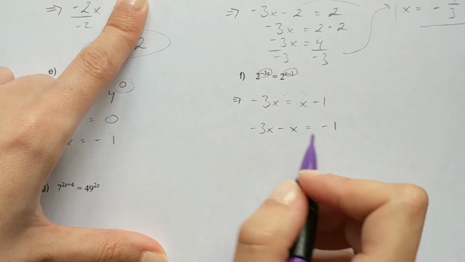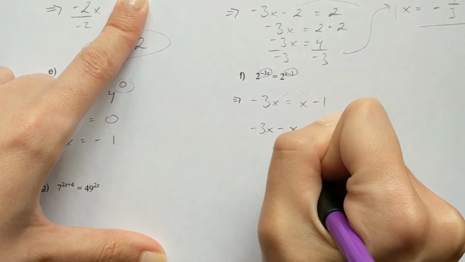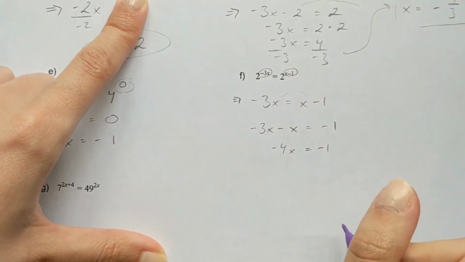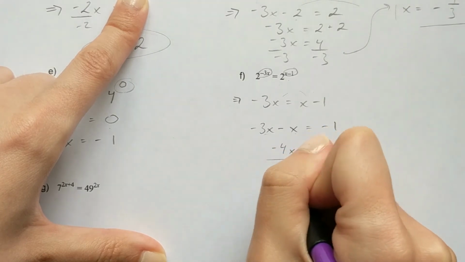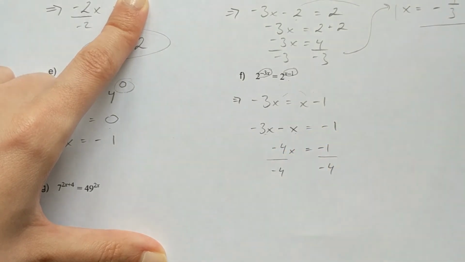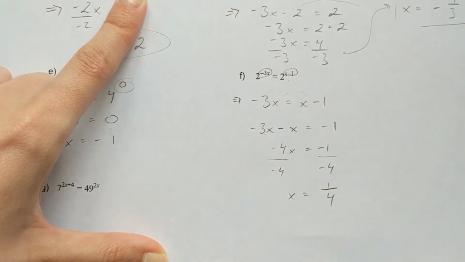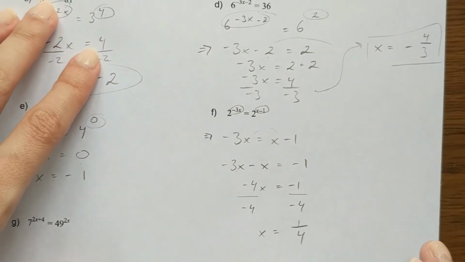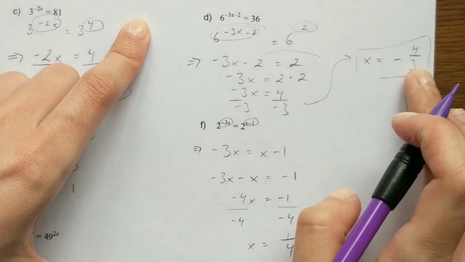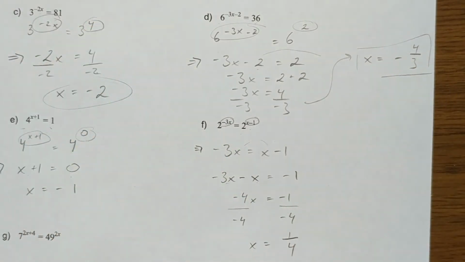I combine my like terms. And now I need to divide both sides by negative 4. That leaves you with x is equal to 1 over 4. And we can see in these two problems in D and in F, it's totally fine if you get a fraction. X does not always need to be a whole number.